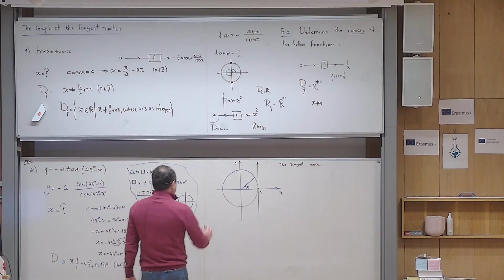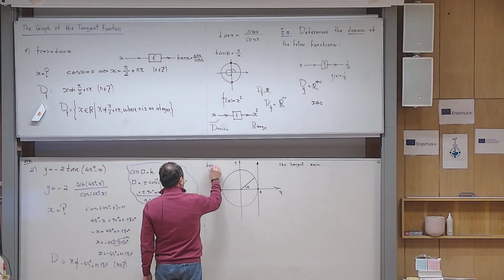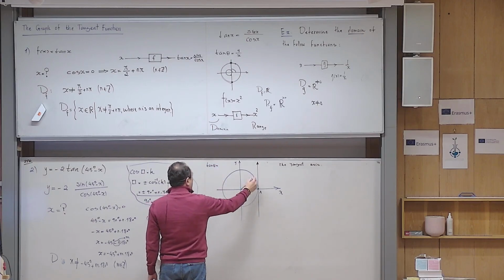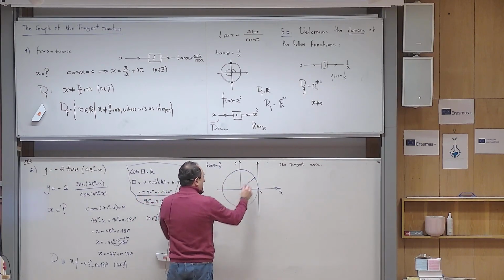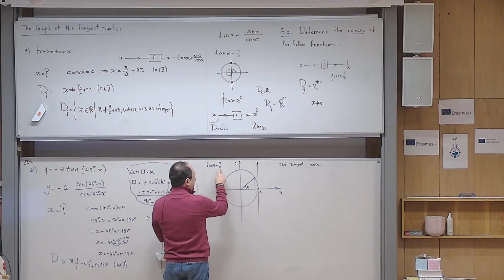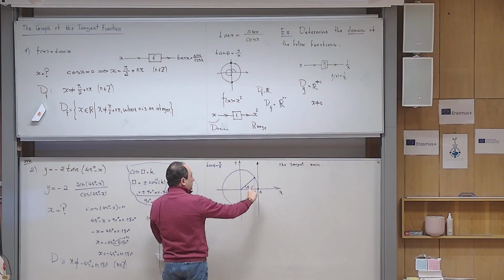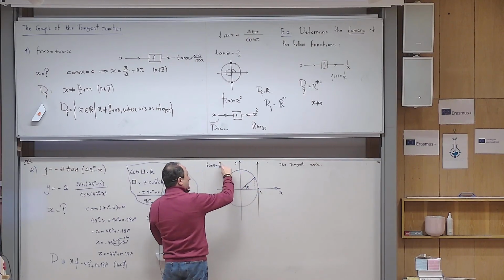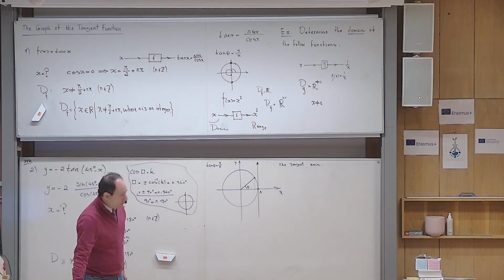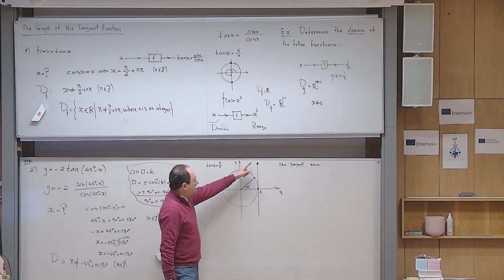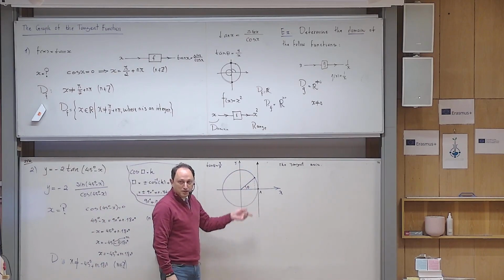Tangent theta is the y-coordinate of this point divided by the x-coordinate of that point. You take your ruler, measure this length, it becomes the x value. You measure this length, it becomes the y value, and you divide.